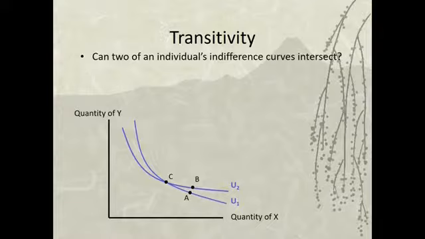So for understanding this in a discrete sense, now you have two bundles. One bundle has C and B, and the other bundle has A and C. Now, if when A and C are given you prefer C, and when B and C are given, then you prefer C.